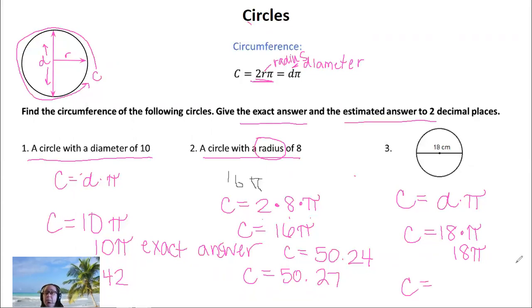So now go ahead and multiply that 18 times pi and tell me what you get for the rounded answer. Yeah, Mariam says 56.55. Do you guys agree? What do you think? 56.55?